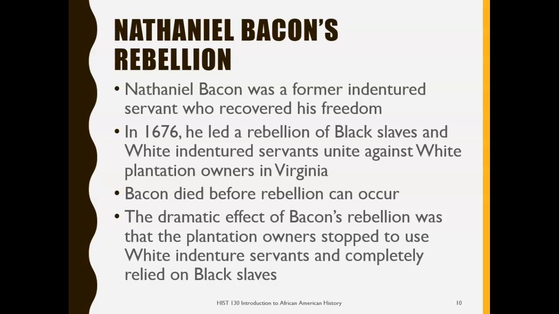Nevertheless, the dramatic effect of this tentative rebellion was that the rich planters, the plantation owners, stopped using indentured servants from that day. So they completely did away with the status of indentured servant and totally relied on African slaves.